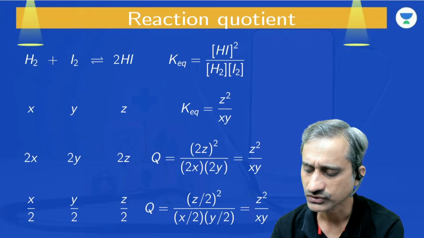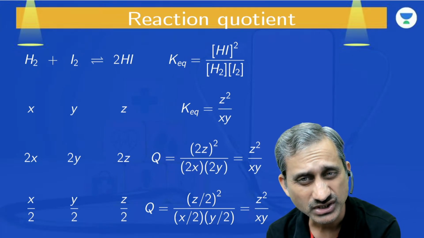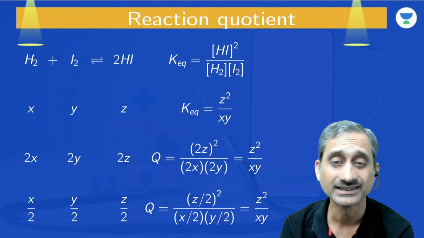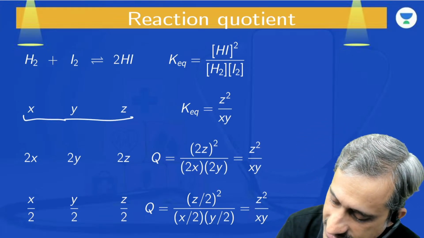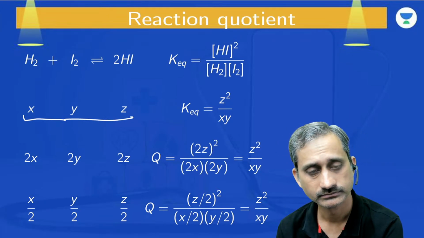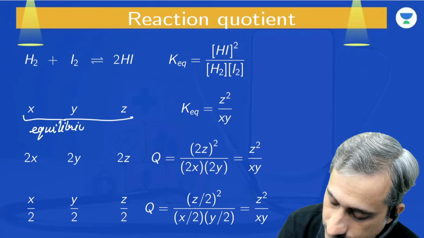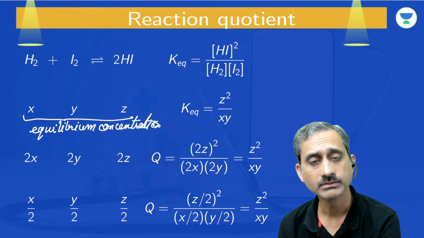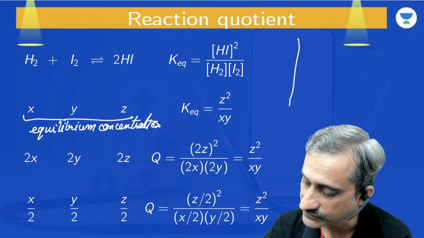Now let's talk about the first reaction. Its equilibrium constant is the concentration of HI raised to the power 2, with the concentration of hydrogen and the concentration of iodine in the denominator. Let us consider X, Y, and Z as the equilibrium concentrations. Now, we have the reaction taking place in this kind of a container.